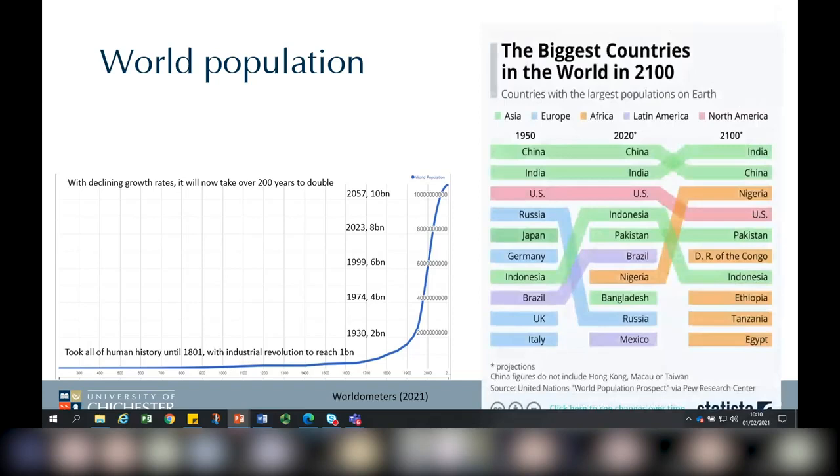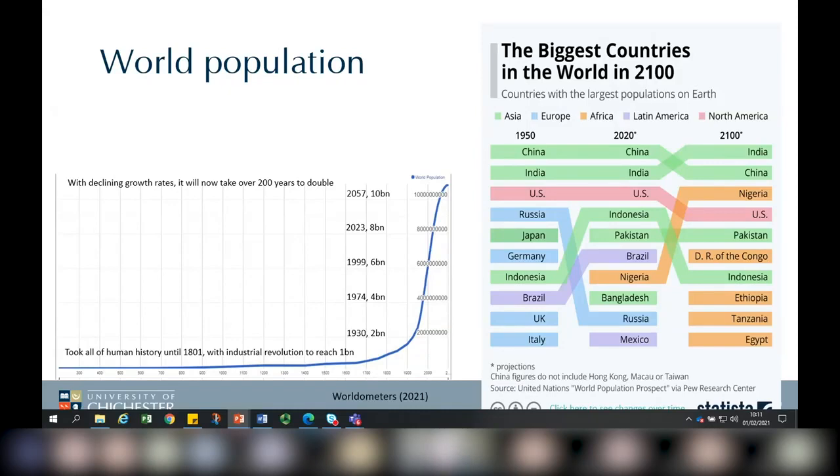Can I just ask quickly, was this study done before or after COVID started? So these numbers are from the website a couple of weeks ago. However, I would have thought they've done the study before COVID, so it doesn't take into account COVID deaths.